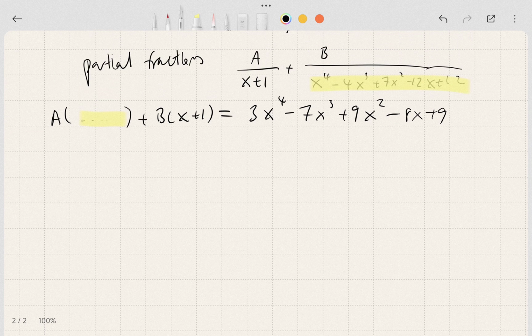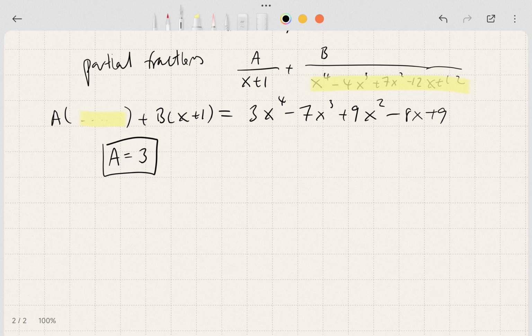Looking at this expression, we can immediately deduce that A is equal to 3, because on the left hand side the x to the power 4 has a coefficient of A, and on the right hand side it's 3, so therefore they must be equal.